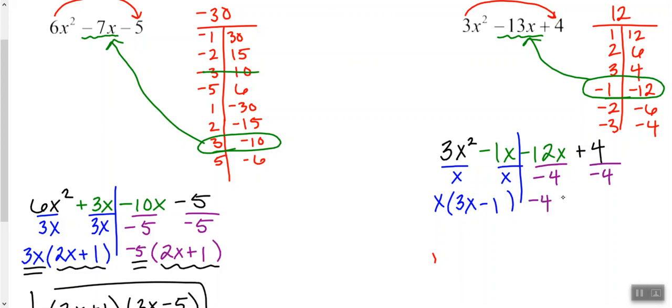So negative 4 goes in the front, and I'm left with 3x and then negative 1. Negative divided by a negative is a positive, and then 4 divided by negative 4 is negative 1. I also know I'm right because my parentheses match up. So then we have 3x minus 1 and x minus 4. And there's our answer.